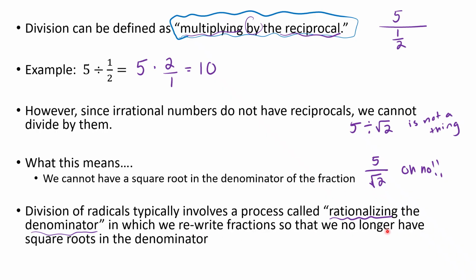We rewrite fractions so that we no longer have square roots in the denominator. I know I've been going on for 8.5 minutes, but that supplies the rationale, a related word, the reasoning behind what we are about to do.